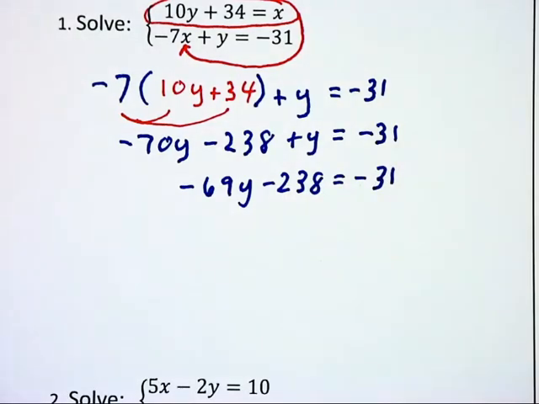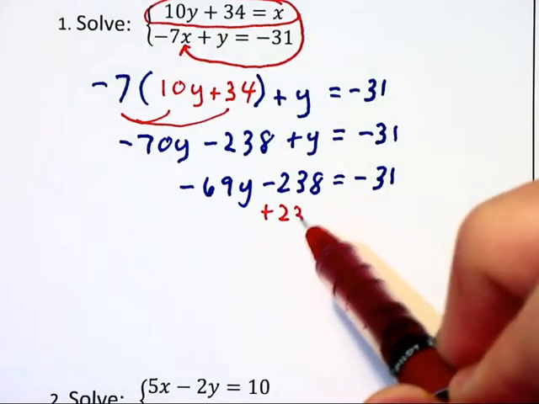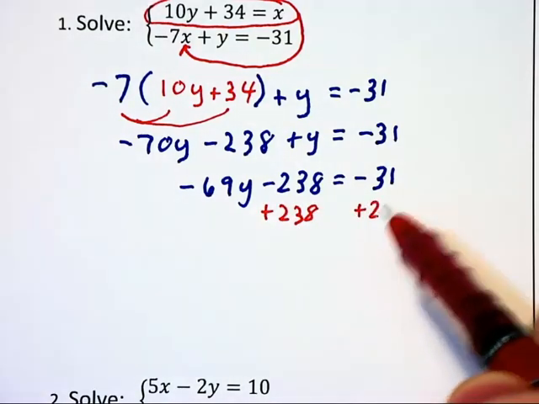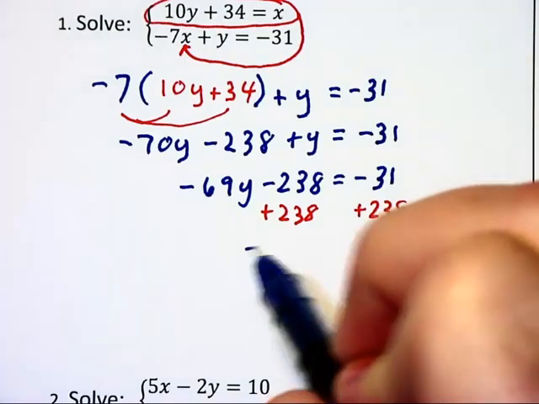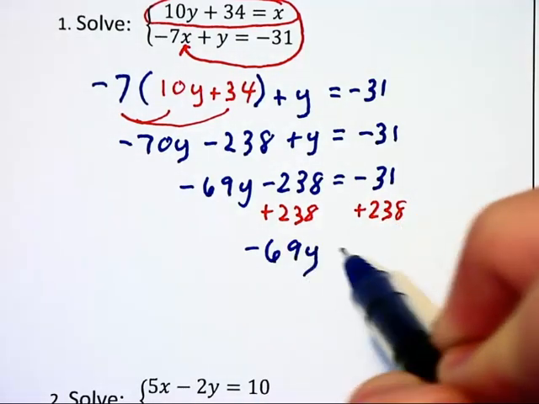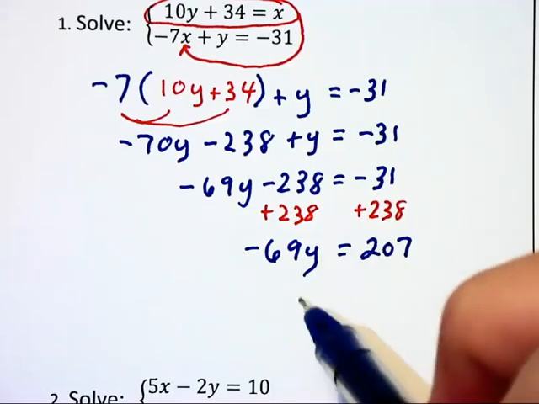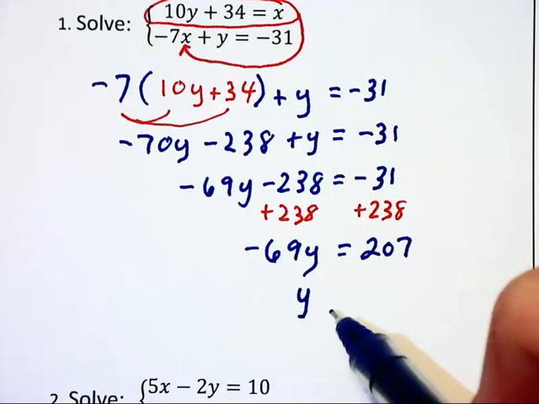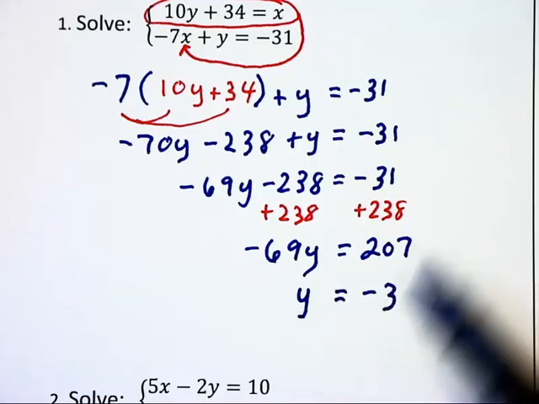Notice I'm doing one thing per line. I'm going to add 238 to each side of this equation, and that will give me negative 69y is equal to 207, which happens to go in evenly. When you divide each side by negative 69, you end up getting y is equal to negative 3.